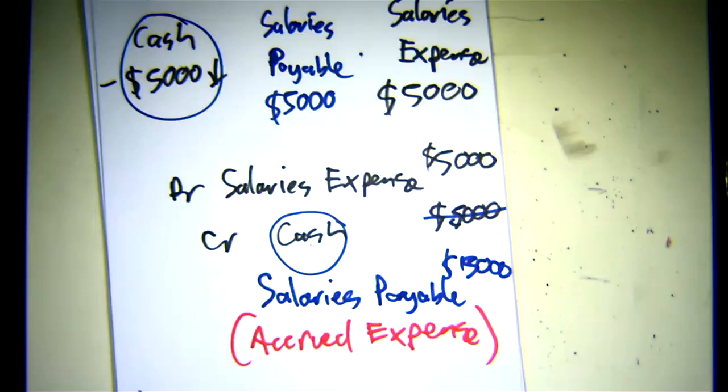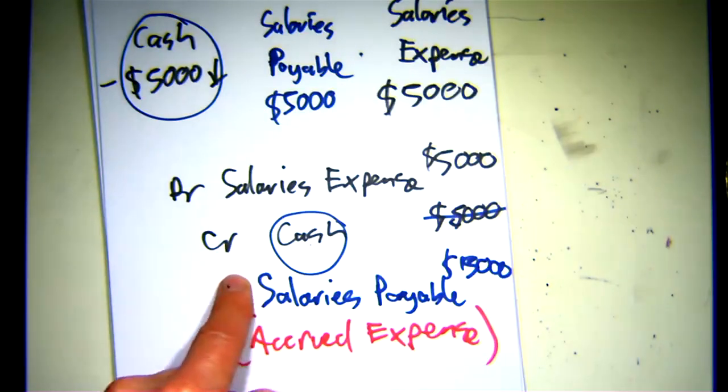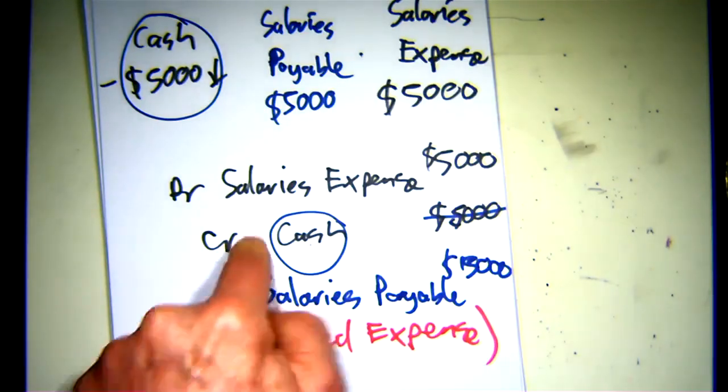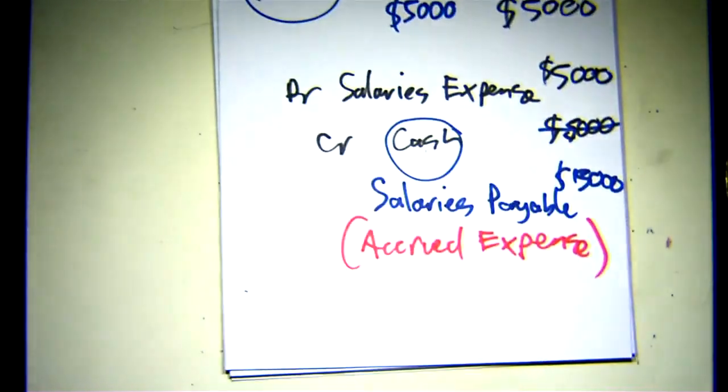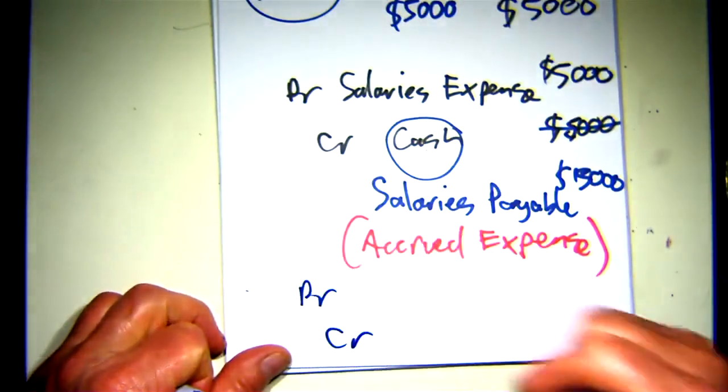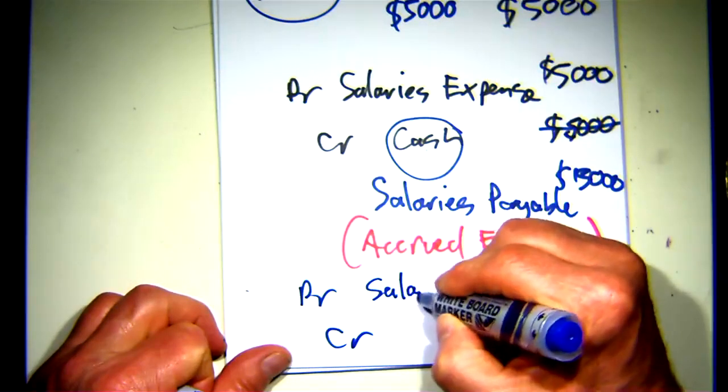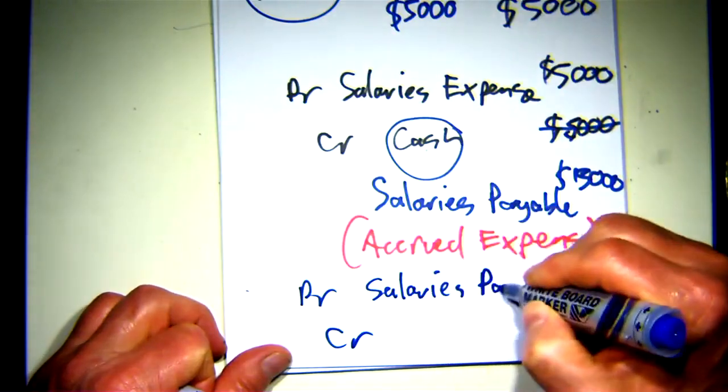Then when it comes to payday, we'll credit cash, and we'll look at this next week, and we'll reverse this salaries payable with a debit, and we'll pay out the cash.